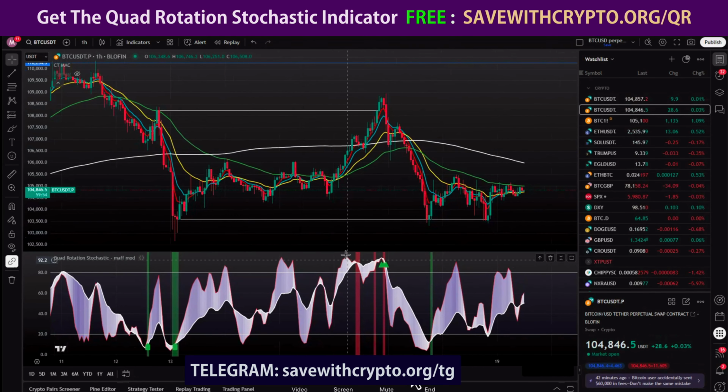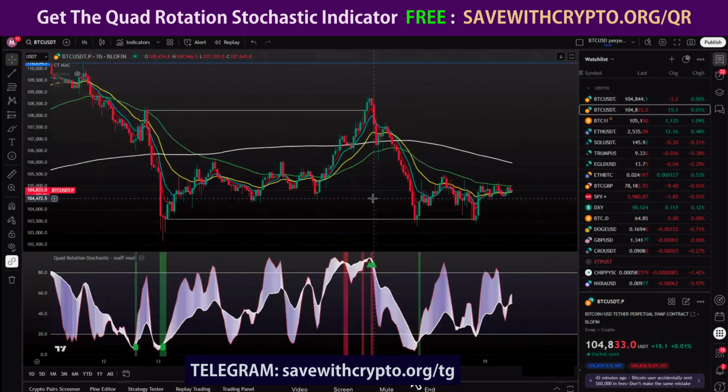So what I do really like is using it, obviously with a CT Mac, but also with support and resistance levels. I just find that incredibly useful. Even if it doesn't come down to this level straight away, you kind of know that at some point it is going to come back down to that.